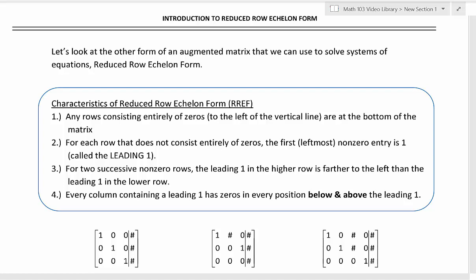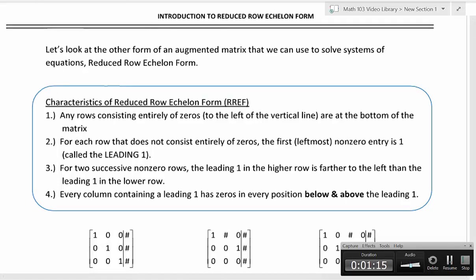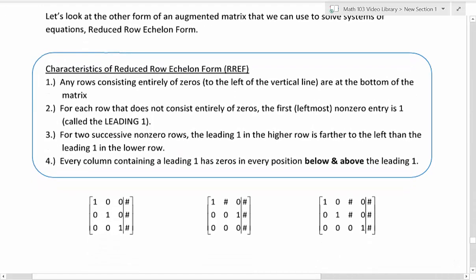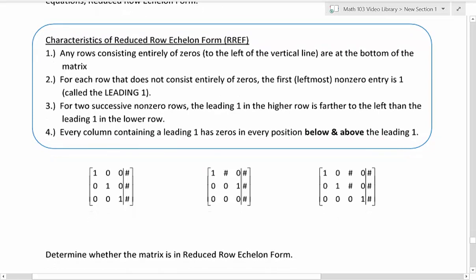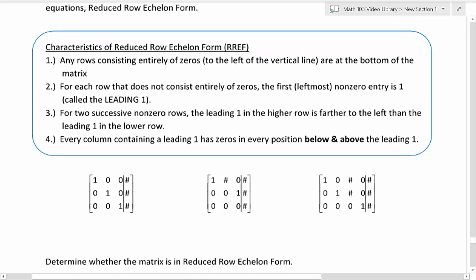The only difference comes in our fourth characteristic. Characteristic number 4 says every column containing a leading 1 has zeros in every position both below and above the leading 1. Here are three matrices that demonstrate the characteristics of reduced row echelon form. This first one is our ideal case that will produce a solution of real numbers.